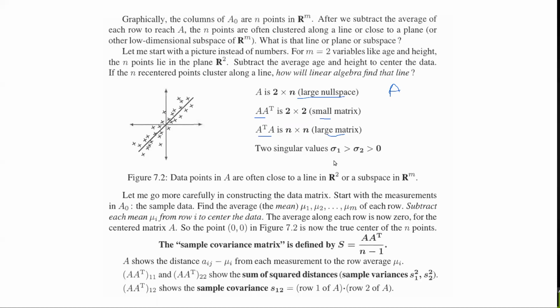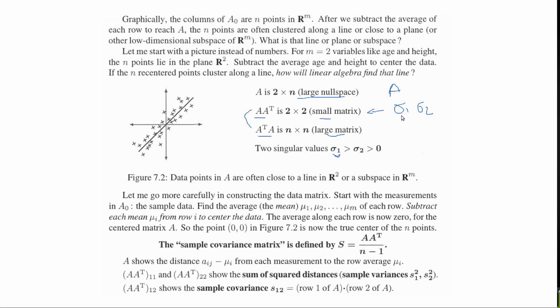But remember that we said also that the eigenvalues of A transpose A and A A transpose are the same. So it means that even for this 2 by 2 matrix, it will have only two singular values. I'm just using eigenvalues and singular values interchangeably.